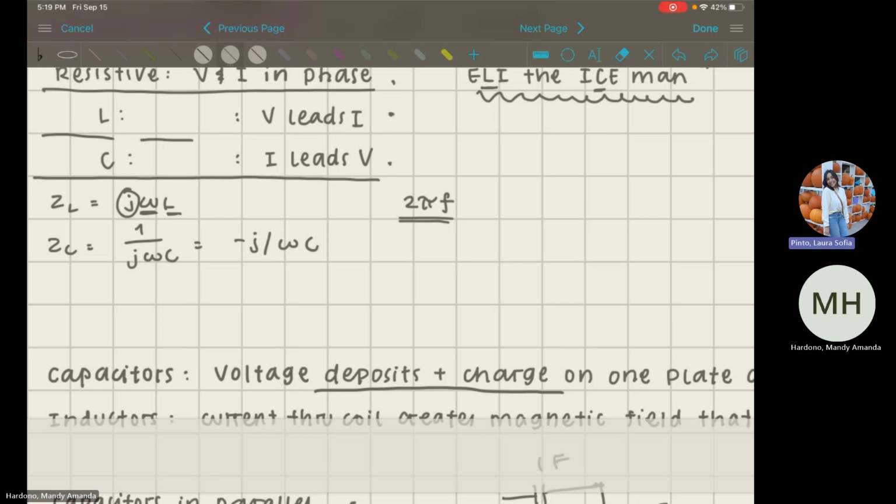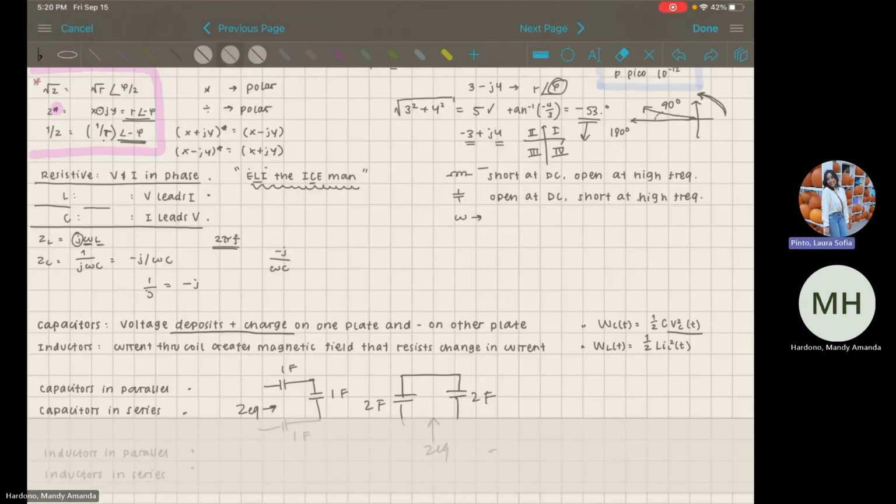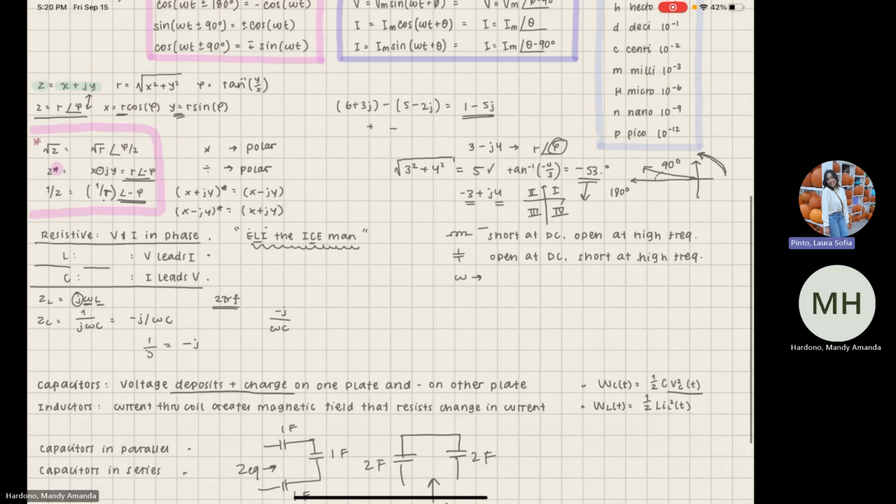For the impedance of a capacitor, it's going to be 1 over j omega C, or since 1 over j is equal to negative j, you can write it as negative j over omega C. Yep.